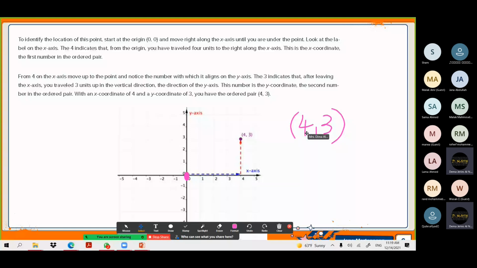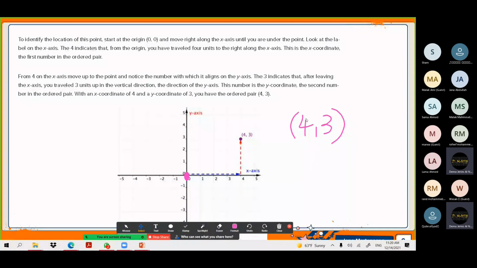Is it 4 or 3? 3. No, it is the first number, it's x, and the second one is y. It's ordered. So the value of x is what? It's 4.